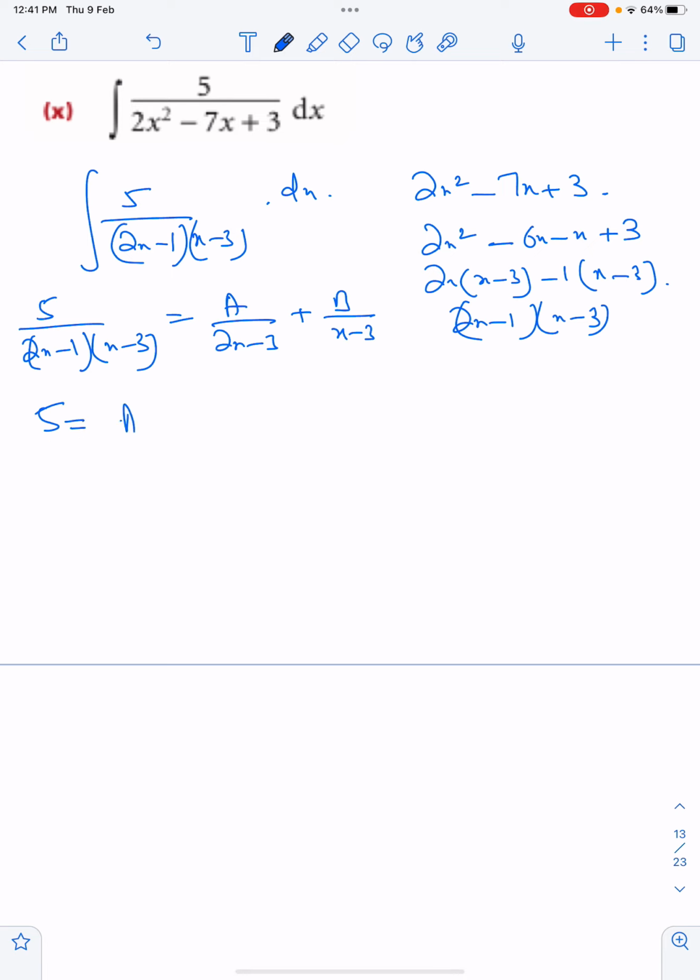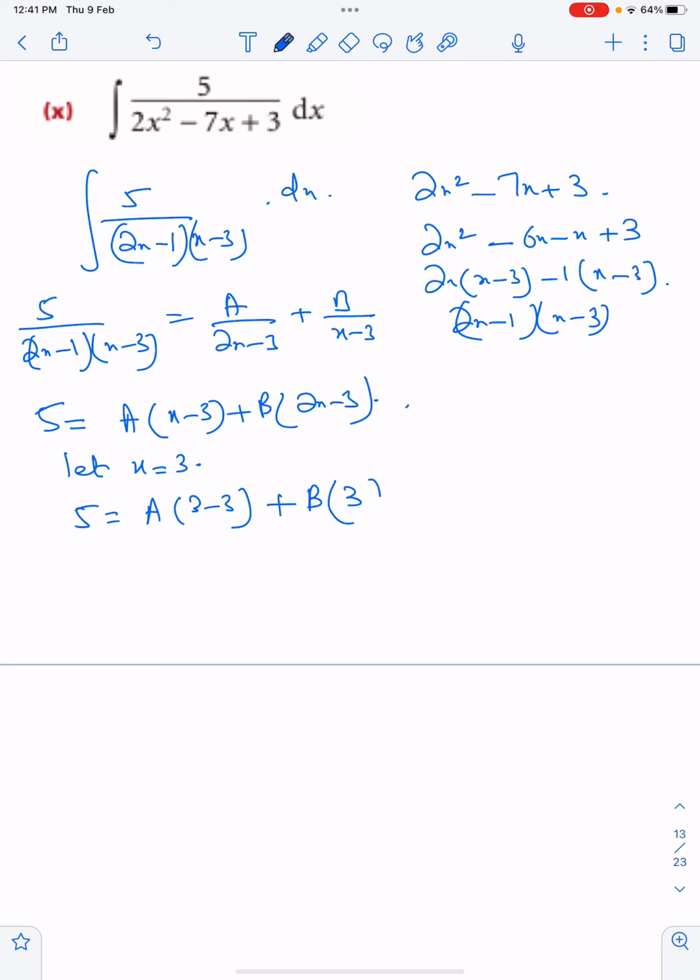So 5 equals a times (x minus 3) plus b times (2x minus 1). I can take the value of x as 3. This a term is going to become 3 minus 3, which is 0. So b into 2 into 3 is 6, minus 1 is 5. So I have 5 equals 5b, so b equals 1.